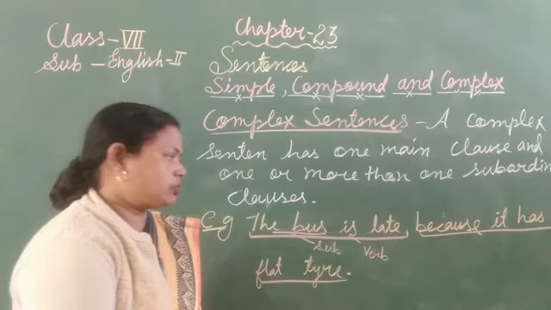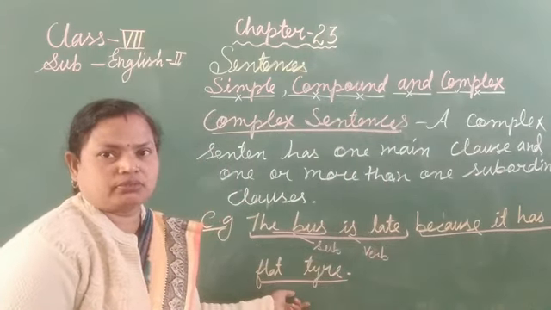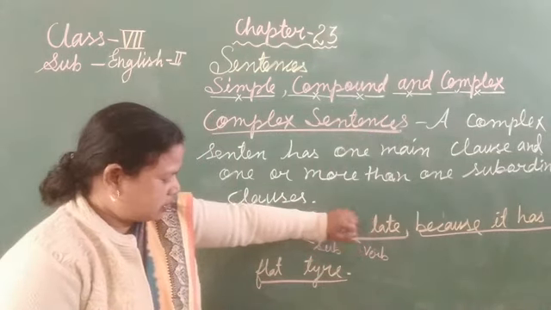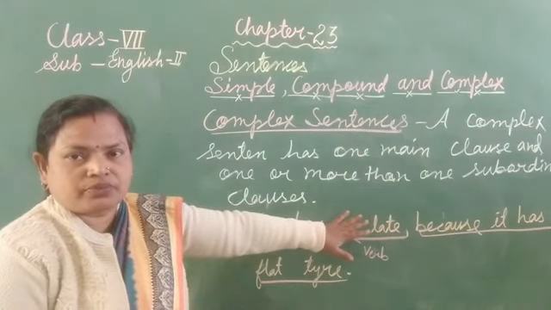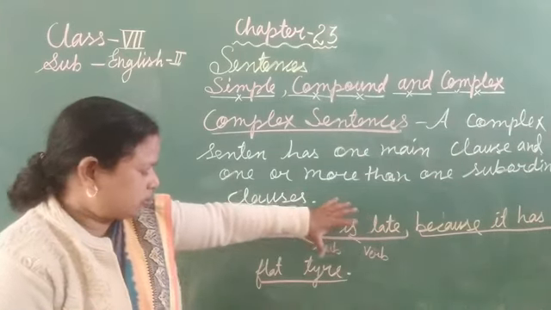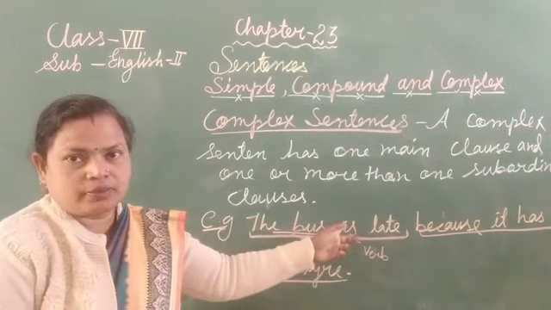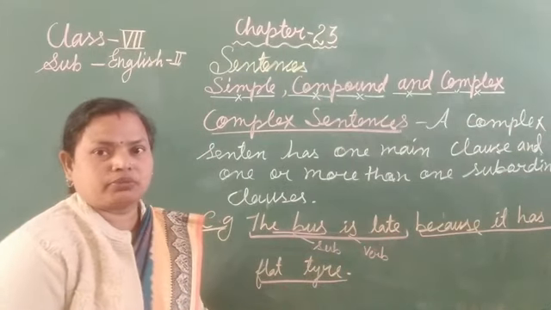If you say because it has a flat tire, we need something. If I hide the first sentence, because it has a flat tire, there must be something needed now. It means the sentence because it has a flat tire depends on the first sentence, the bus is late. When we write the whole, it gives complete meaning.